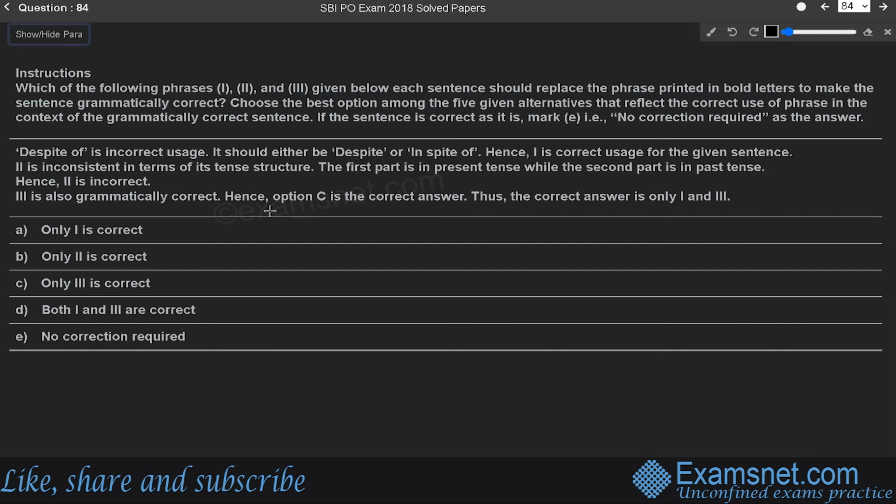So, the given sentence is incorrect as it should be a variety of strategies instead of varieties of strategies. And first is not correct as a is not needed before a multiple. Second is correct. And third is also wrong since it should be strategies instead of strategy. Thus, we can say that option number B is the correct answer, which says only second is correct.